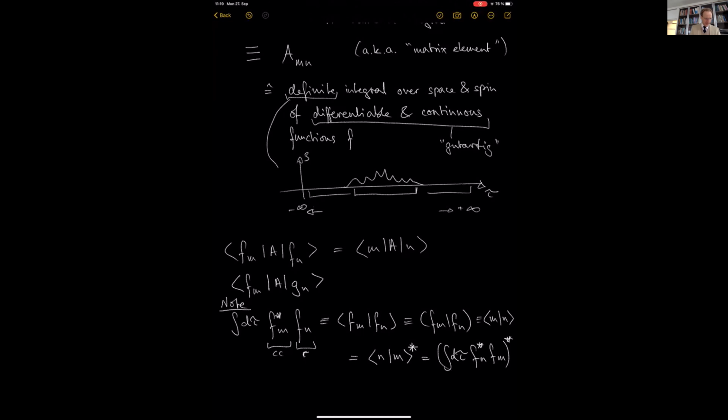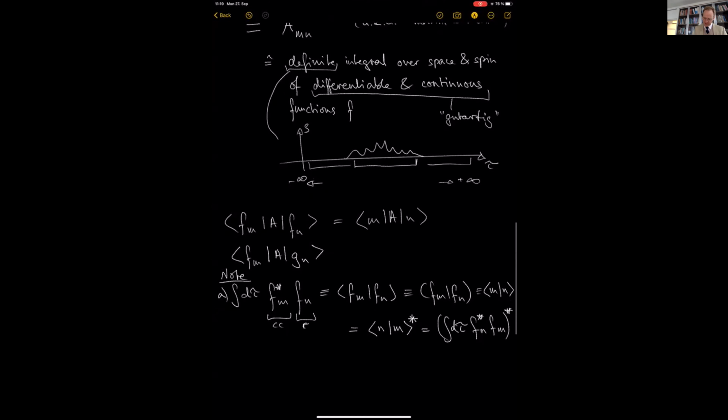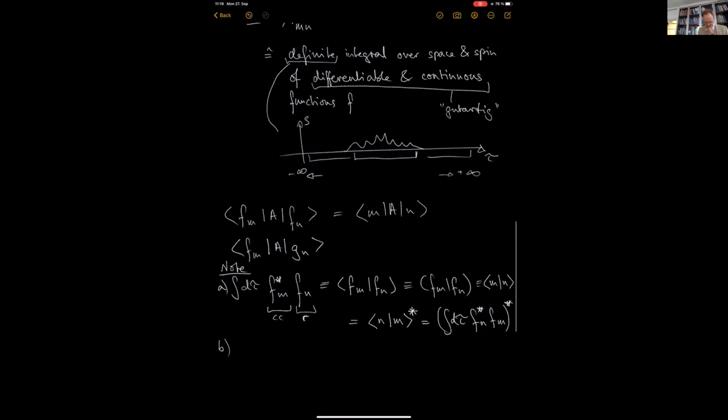So this is basic bracket notation, and I hope that that is clear, but just as a reminder here, that is our first note A, and I'd like to add another note B. So that was just on the two functions. Now, what if we have an operator in there too, when we talk about the expectation value? What happens then?